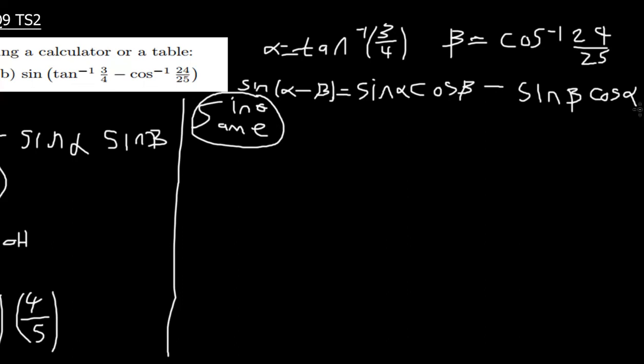They are very simple and straightforward. And then we move on, we draw triangles. So I'll first draw a triangle for alpha there. So look at this, we have 3 over 4.